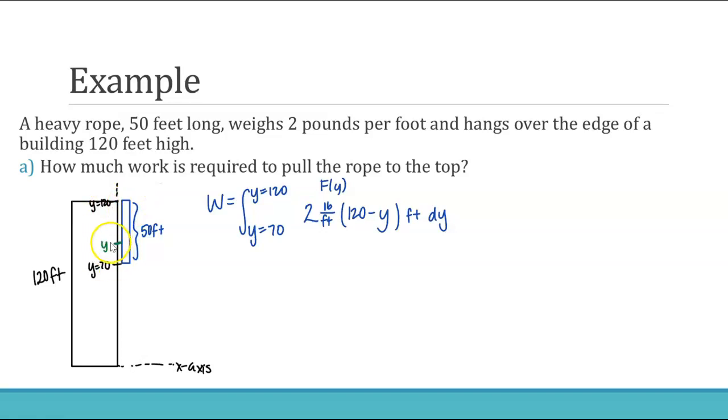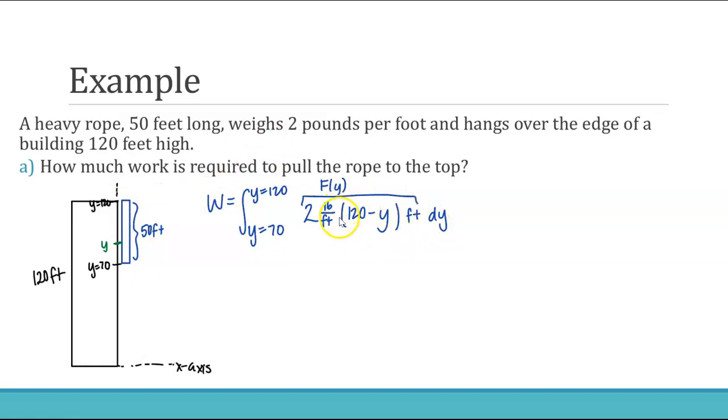And then we already checked what happens if y was equal to 80. 120 minus 80 is 40, and then 40 times 2 is 80, and the feet cancel, so we'd have 80 pounds. That force would be 80 pounds if y was equal to 80, and so on. So this 2 pounds per foot times this 120 minus y, this distance in feet, represents the force being exerted by the weight of the rope.